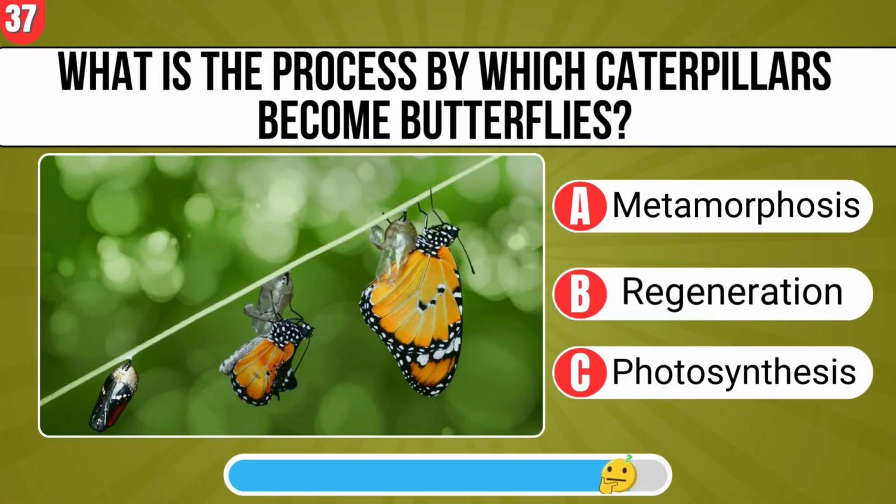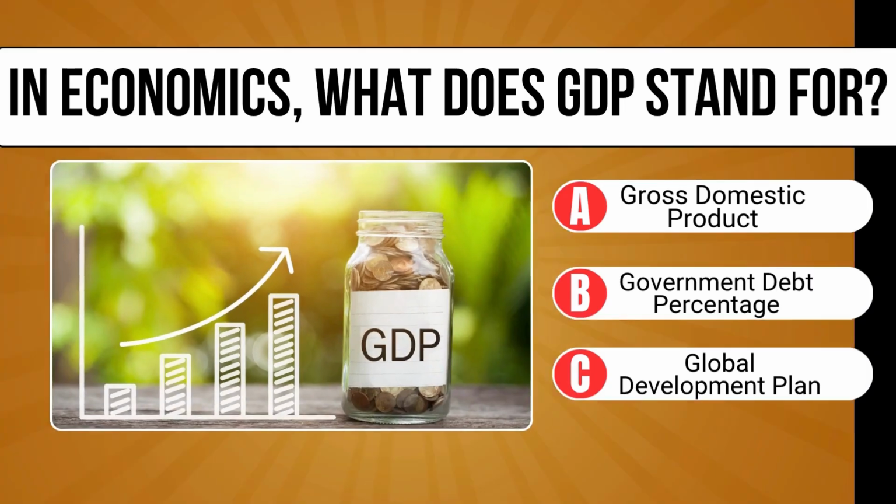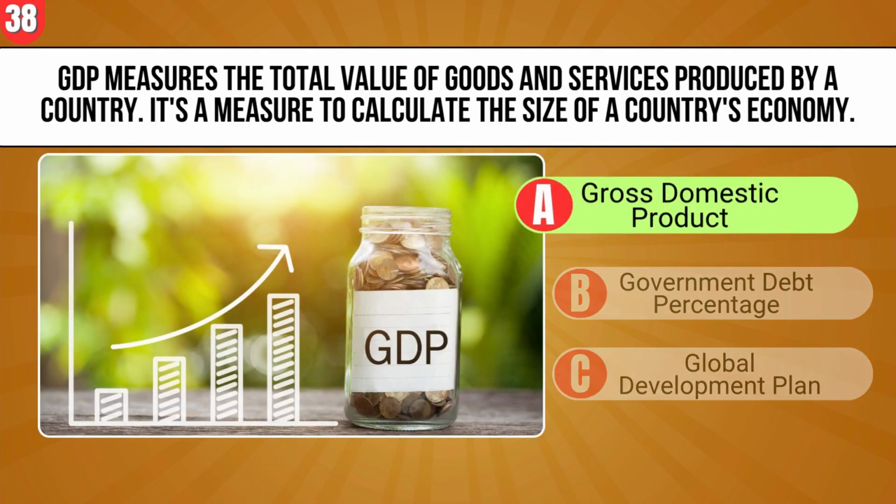What is the process by which caterpillars become butterflies? The biological process is called metamorphosis. In economics, what does GDP stand for? GDP stands for Gross Domestic Product.